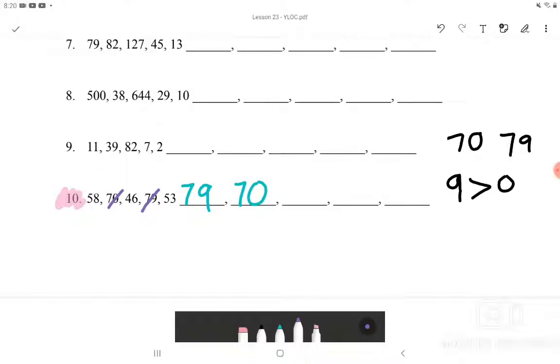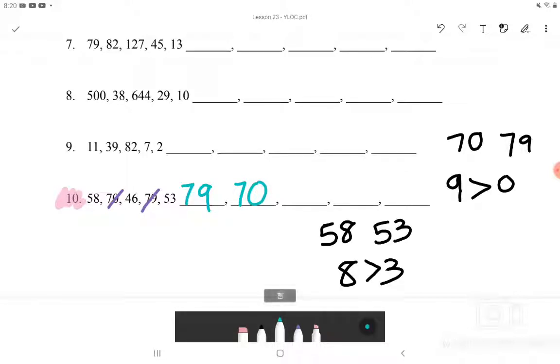Now we see that there are two numbers as well that start with 5, which are 58 and 53. Because 8 is greater than 3, 58 will be first and then 53. The last number, the smallest number, is 46.